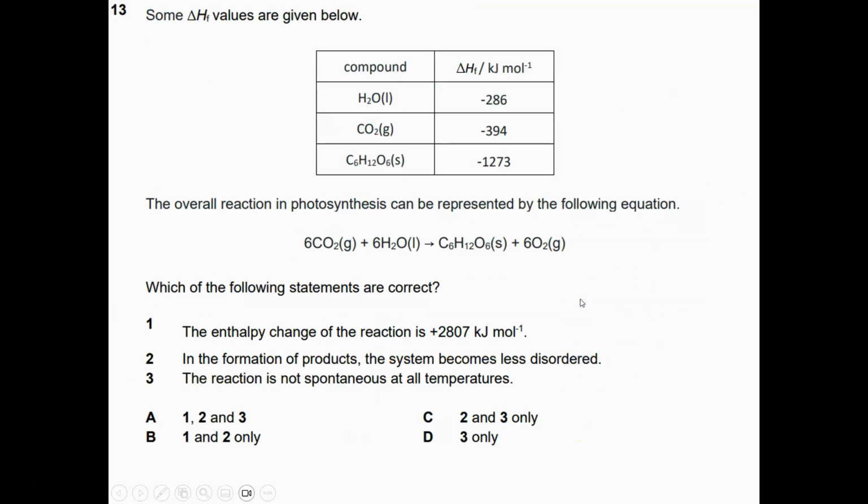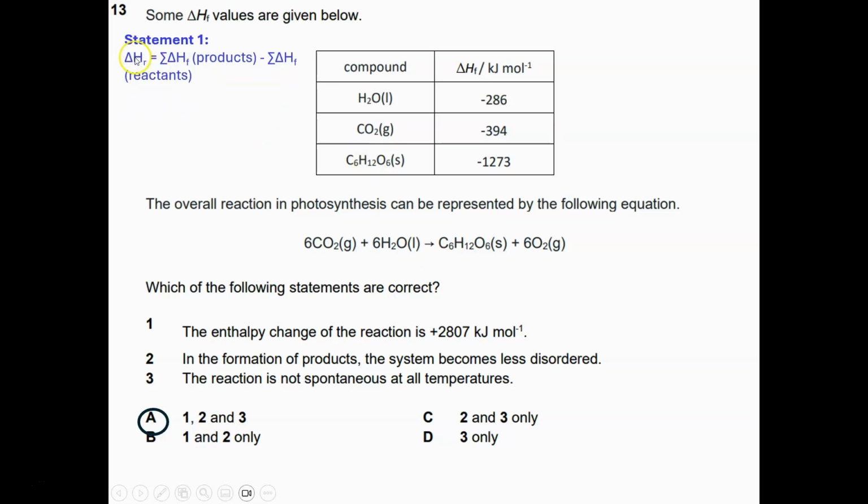Question 13. Again, we need to evaluate the statements. The answer here is A. So statement 1, the enthalpy change of reaction. This is where we use the equation that we mentioned in question 11.